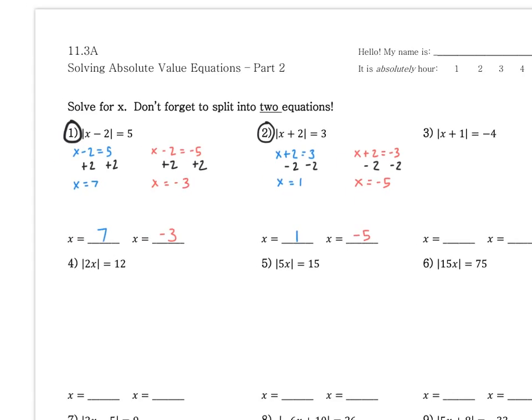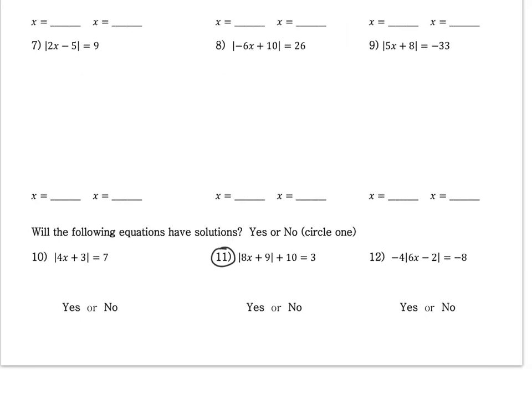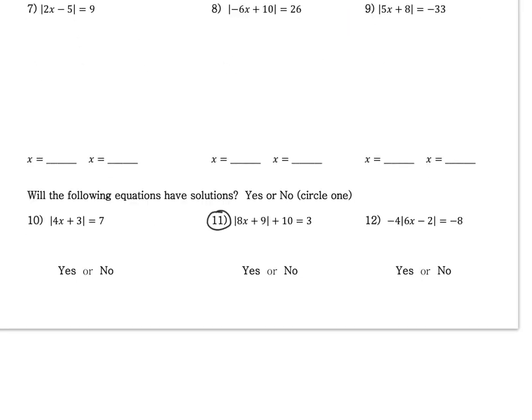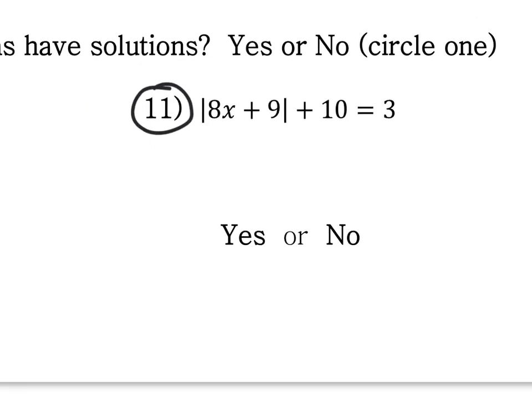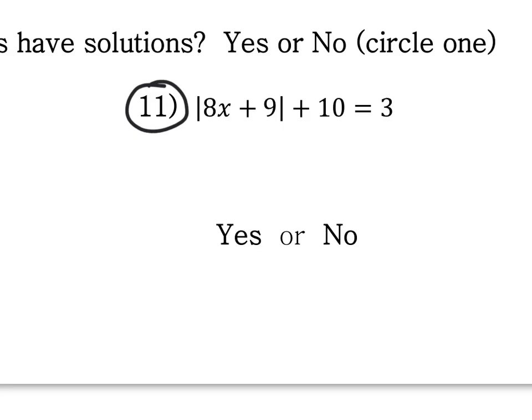Alright, now let's go down to the bottom and let's look at something that can occur while we're solving absolute value problems. What we've talked about is that the absolute value of a number has to be positive, right? Because even if you have the absolute value of negative 7, the answer is still 7 because it's 7 units away from 0.